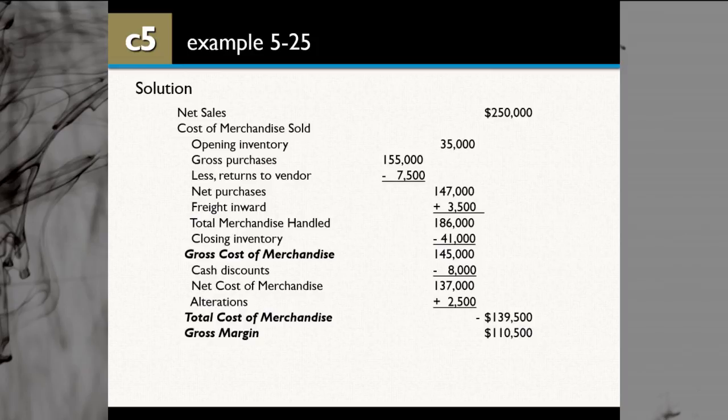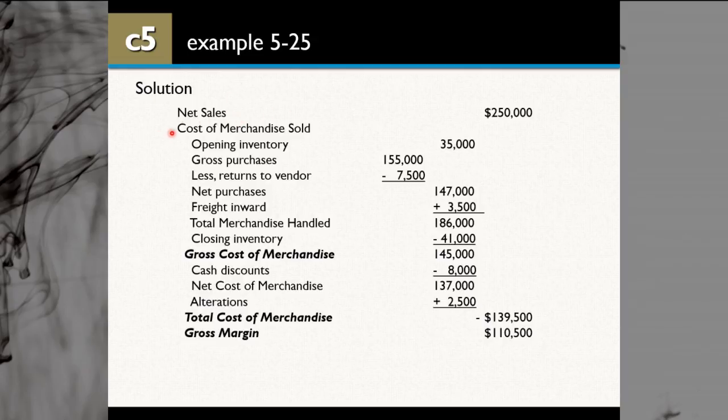For this, you can calculate both maintained markup and also your gross margin percentage. In this case, for this middle part, I just want to show you your net sales. You're going to use that for the calculation as your denominator.